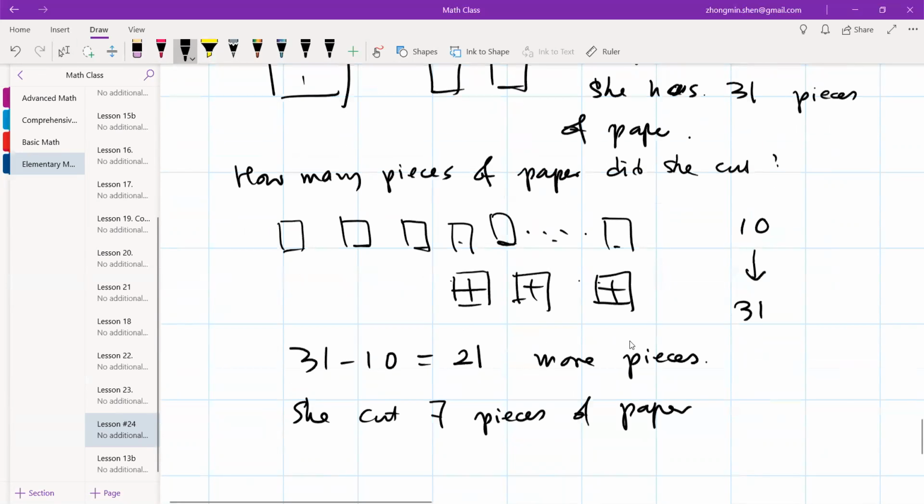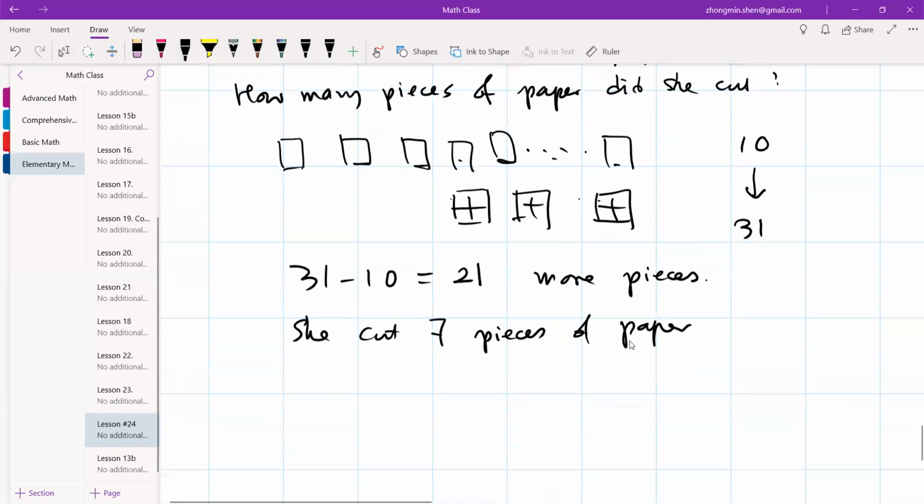Now, if you want to solve it with an equation, just like in a basic math class, you count the uncut ones as N, and those you cut as M. So N plus M equals 10, okay?